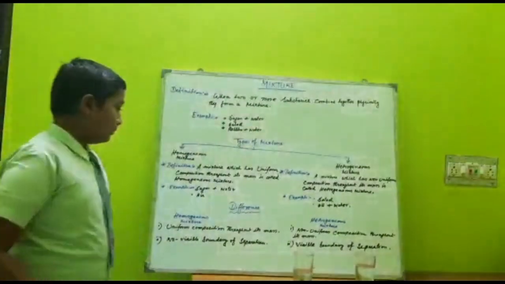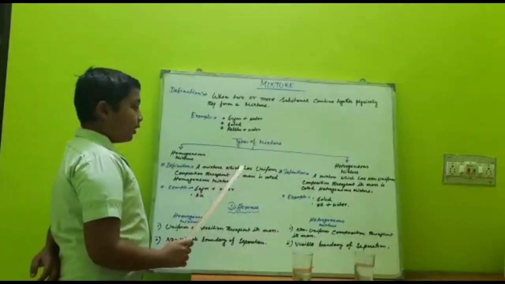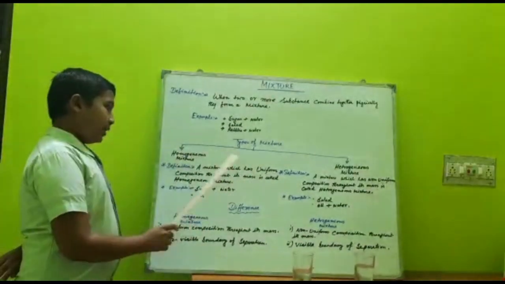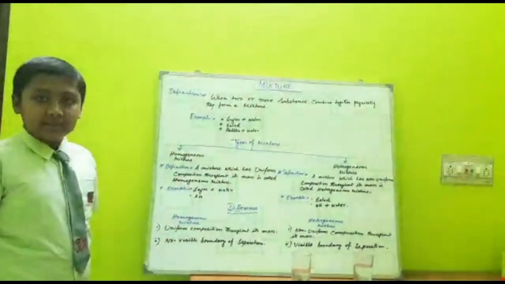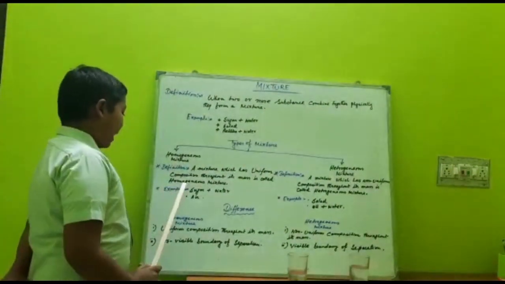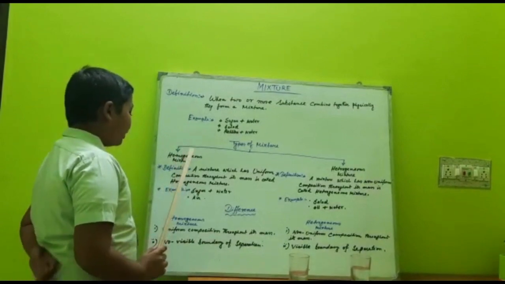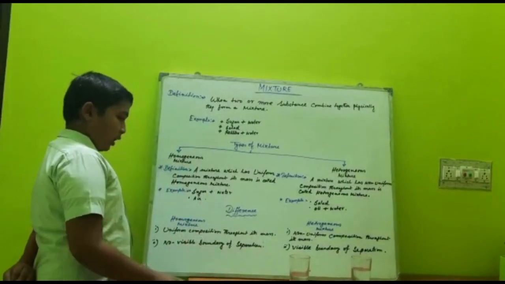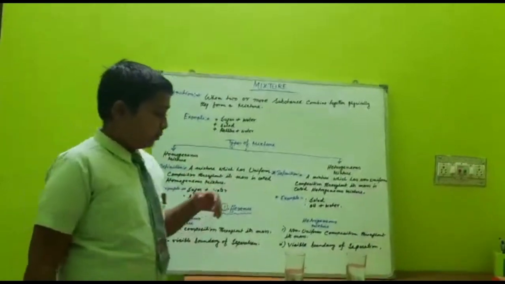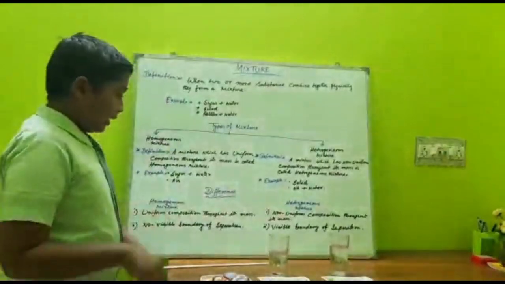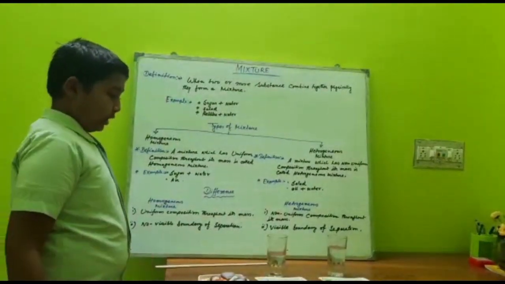The meaning is a mixture which has a uniform composition throughout its mass is called homogeneous mixture. Examples of homogeneous mixtures are sugar plus water. I have earlier shown you that experiment that it dissolves clearly.